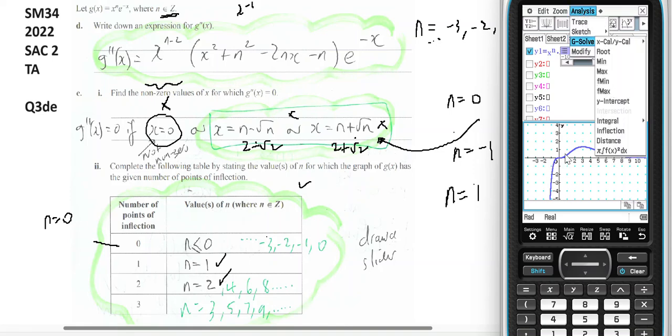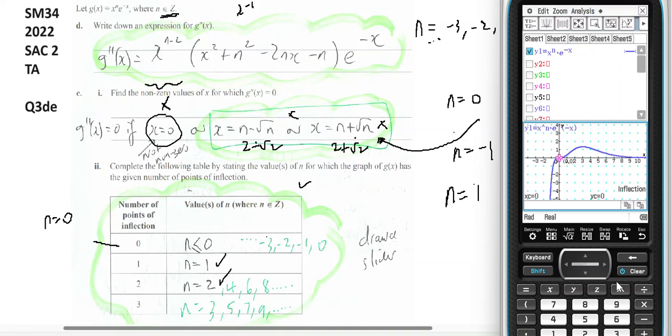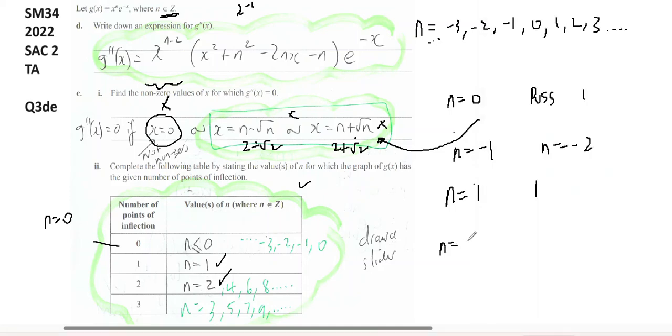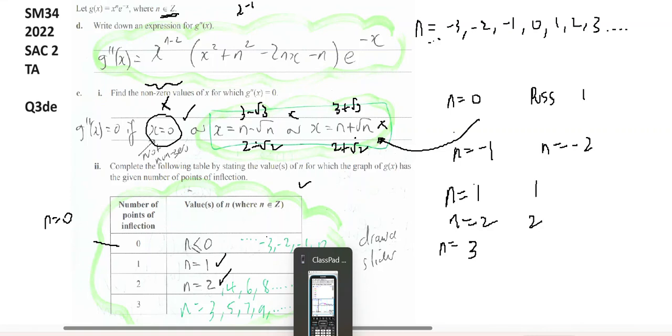I'm now picking up a point of inflection at 0, 1, 2, 3. So when n equals 2, I got 2. When n equals 3, I'm getting 3 now because I'm getting 3 minus √3 and 3 plus root 3, and x equals 0 is giving me a point of inflection as well.